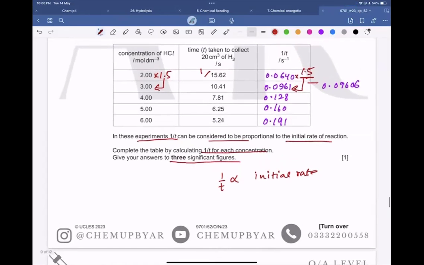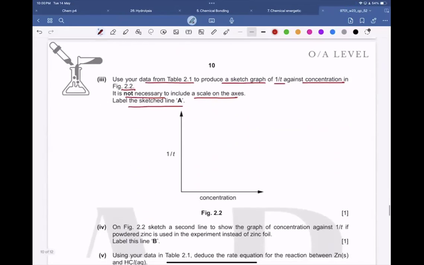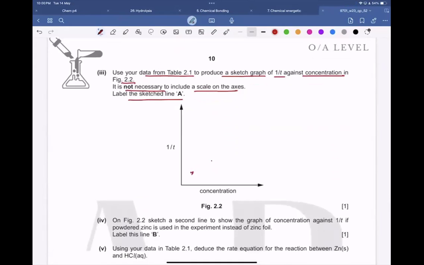So it means how many data points we have? 1, 2, 3, 4, 5, right? So you are going to do like this: 1, 2, 3, 4, and they are increasing by the same factor.